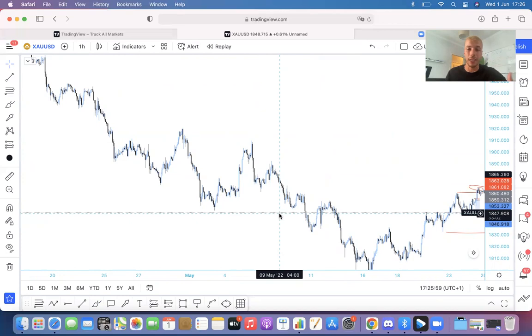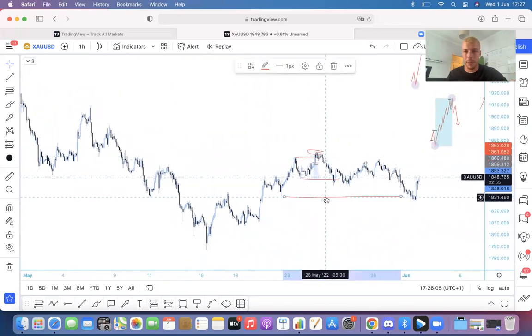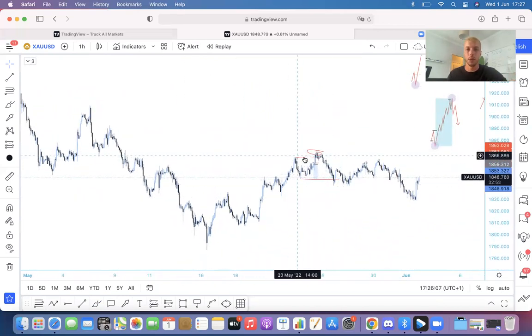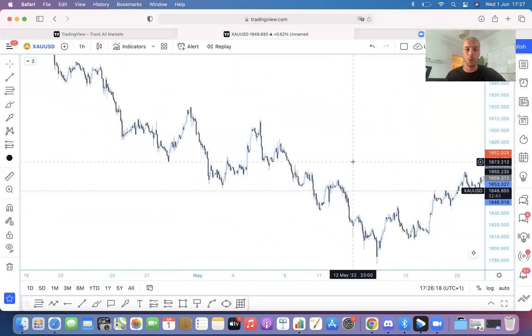You need to train your eyes to see the correct things on charts continuously, and to not mess up certain things. When you mess up, you journal it and you go back to it. You see all the trades that were good, what things they had in common. You see all the trades that went bad, what they had in common. And over time, you will achieve great results if you put in the work.